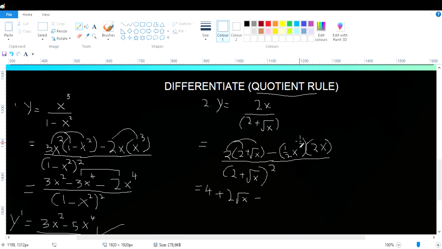And half plus 1, answer is going to be x to the power 1 over 2, and all divided by (2 plus root x). Everything inside the brackets is to the power 2.